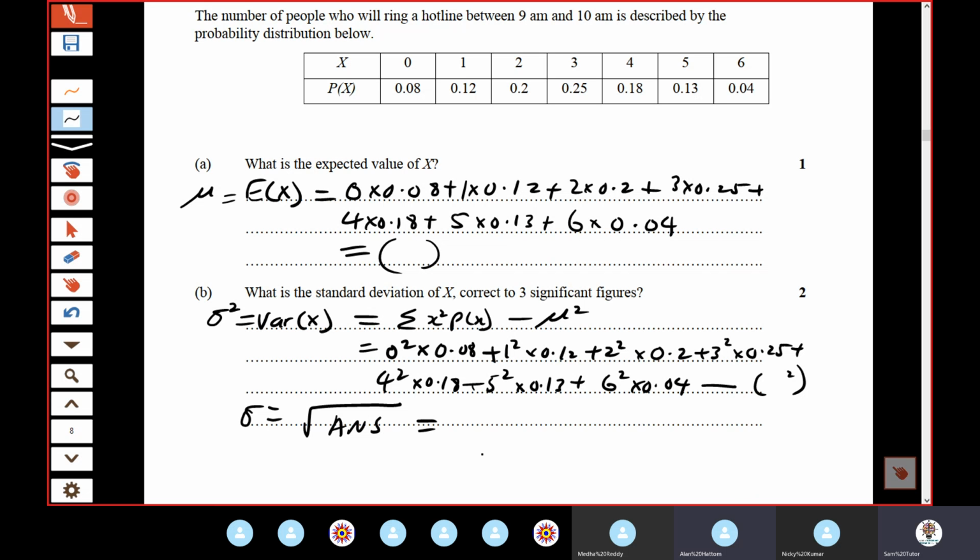Also, so mu squared is just the expected value? Correct. Squared. Let me know when you got the expected value so we can write it down.